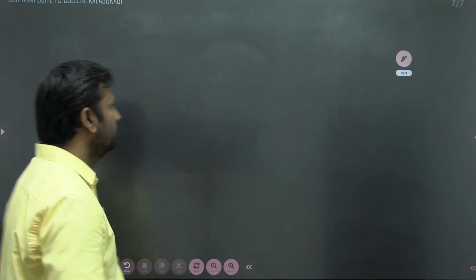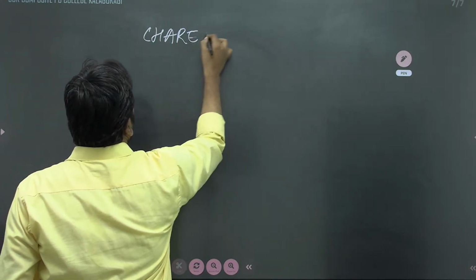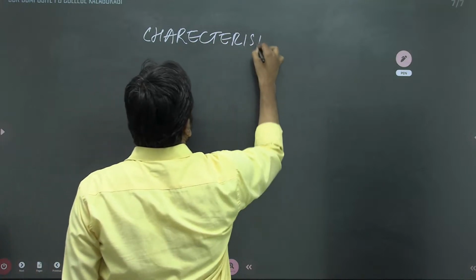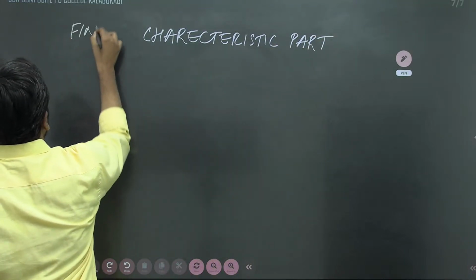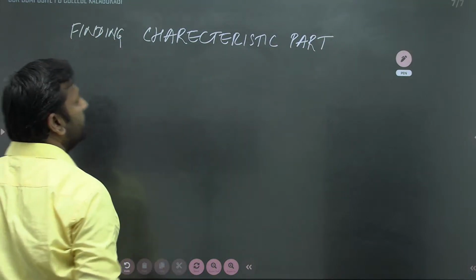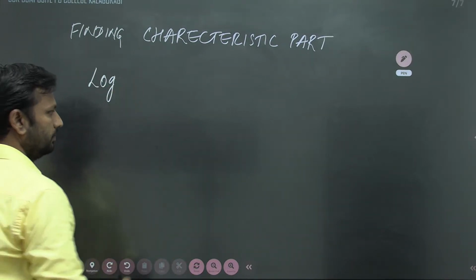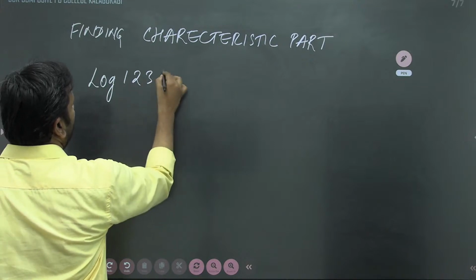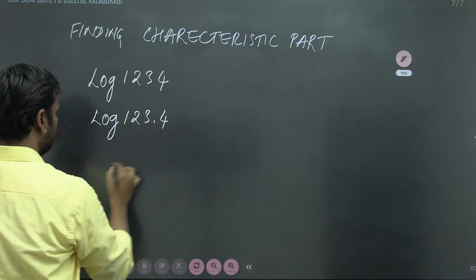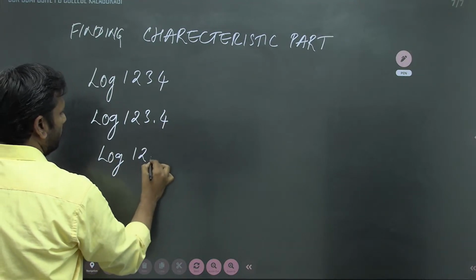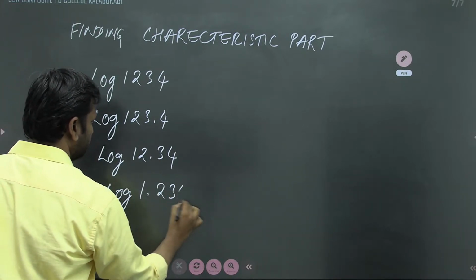First let me explain how to find the characteristic part. Suppose I have logarithm of 1234, logarithm of 123.4, logarithm of 12.34.